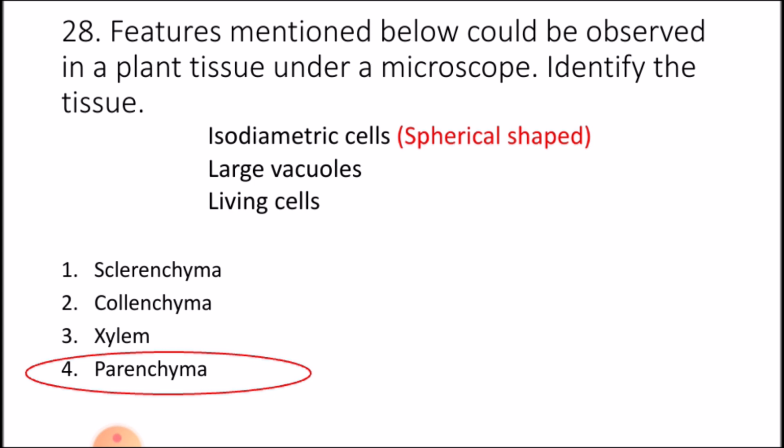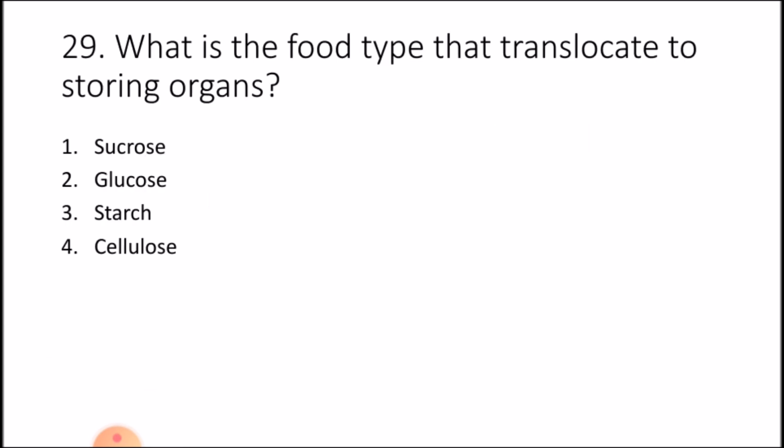Even from the answers you can see, sclerenchyma cells are non-living, and xylem is a complex tissue, so we cannot take those two as answers. And collenchyma, when compared to parenchyma cells, has smaller vacuoles, or sometimes we cannot find large vacuoles. So parenchyma tissue is the answer for this one.